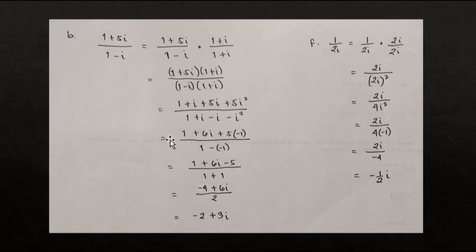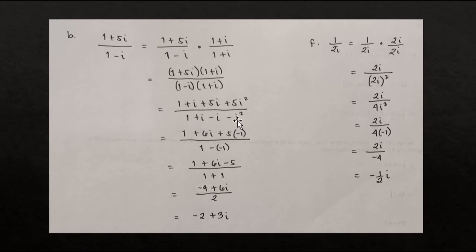Then we simplify further. So i plus 5i, that is 6i. So combine the like terms. Then we have 5, and again i squared is negative 1. In our denominator, 1 plus i minus i, that is 0.